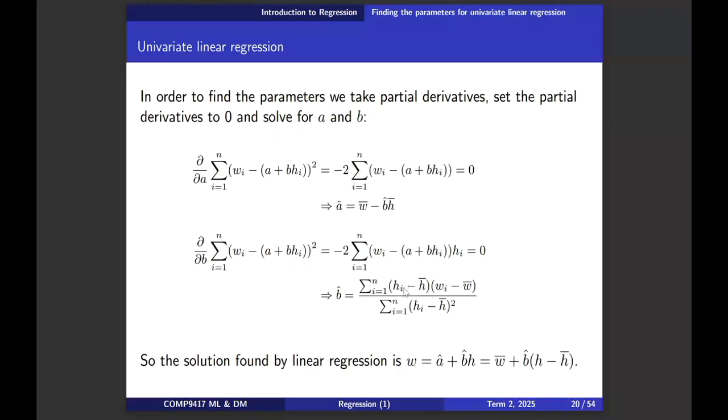For each i, it's the product of the difference of hi from its mean and the difference of wi from its mean. And then in the denominator we have the sum over all of the data of hi minus its mean, squared. Does this remind anyone of something we talked about on Wednesday?